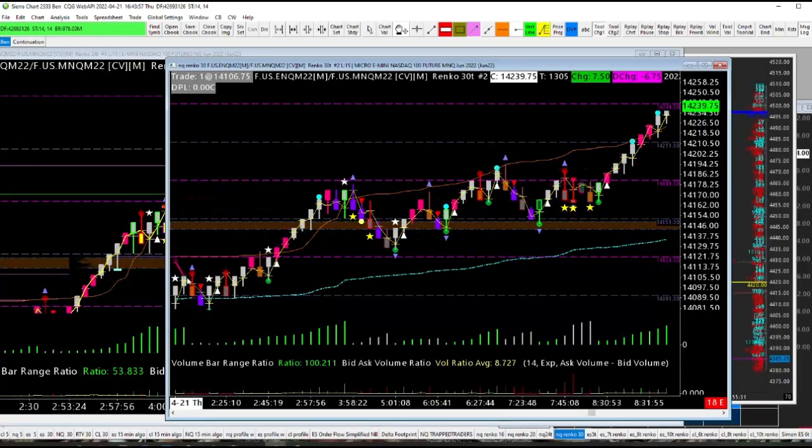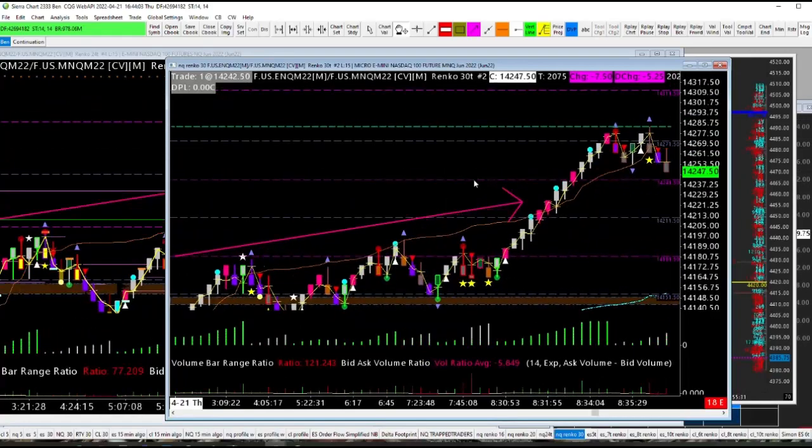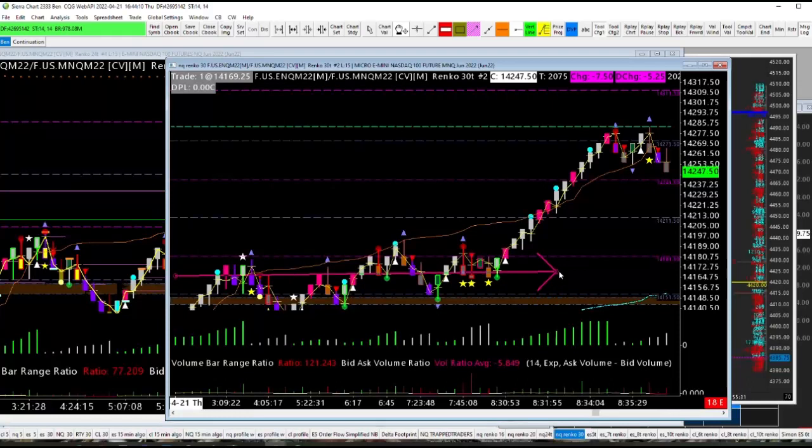So keep in mind all of these sellers got trapped here, and during the open, which was mighty fast, you can look at the very bottom. My arrow doesn't go that far, but this here is 8:31. This is 8:34. So this little rip happened in like 3 minutes. So it's important to keep that in mind.